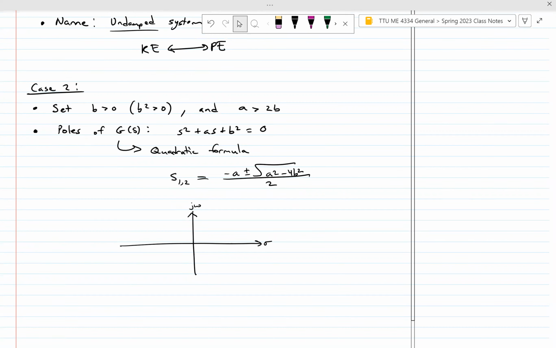Where do you think these poles are going to be? On the real axis, okay. Complex. So you're saying complex if it's in the quadrants?